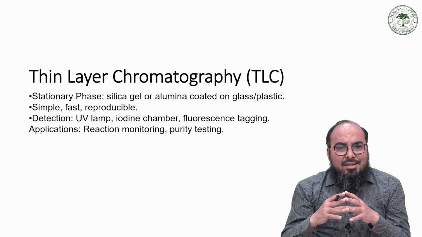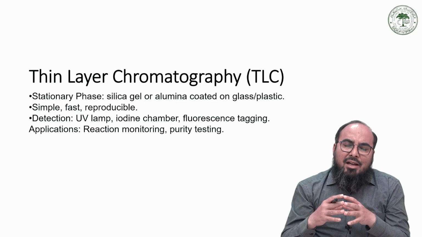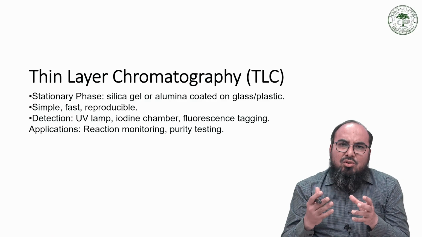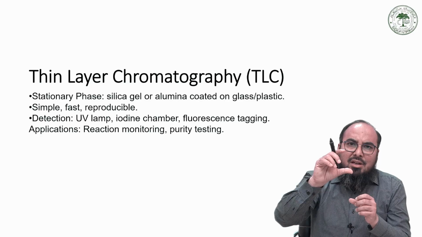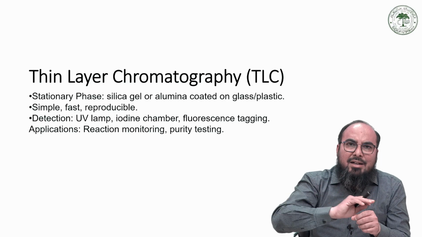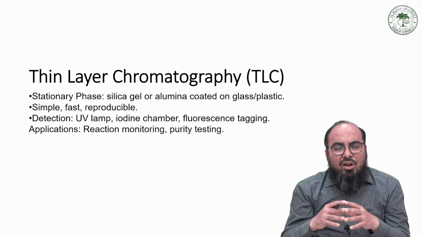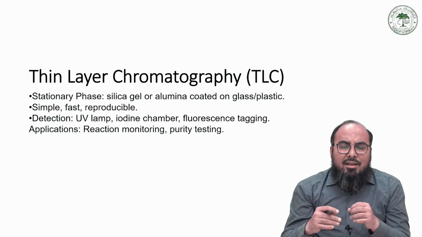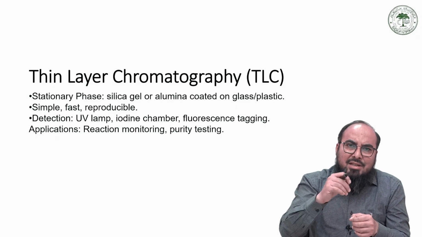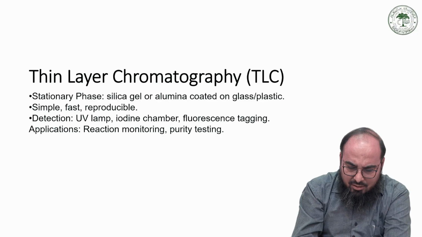Then TLC. Here the stationary phase is silica. This is also a laboratory technique where you use glass plates, and on the glass plates you coat silica or alumina, and then you put your sample on by using a capillary.